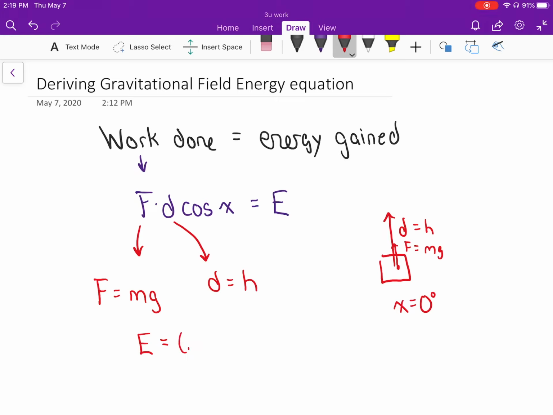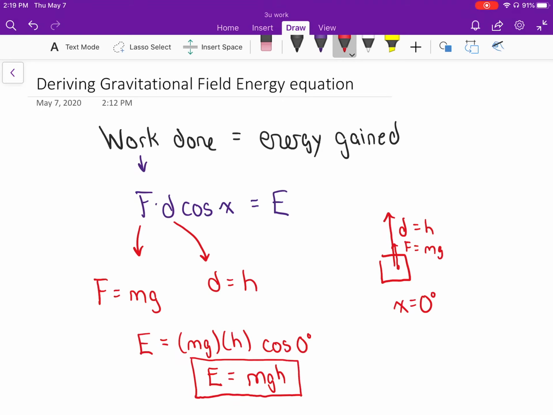Instead of F, I'm going to write mg. Instead of d, I'm going to write h for height. And then we multiply by the cosine of 0 degrees, since they're in the exact same direction. The cosine of 0 is exactly 1, so this means that our energy to lift is mgh. And to be clear, we put a little g with this for gravitational.